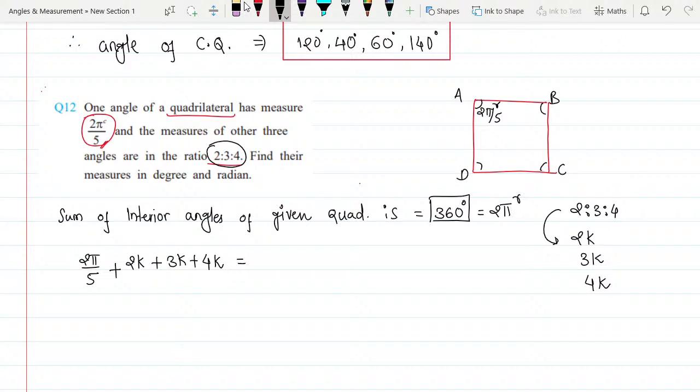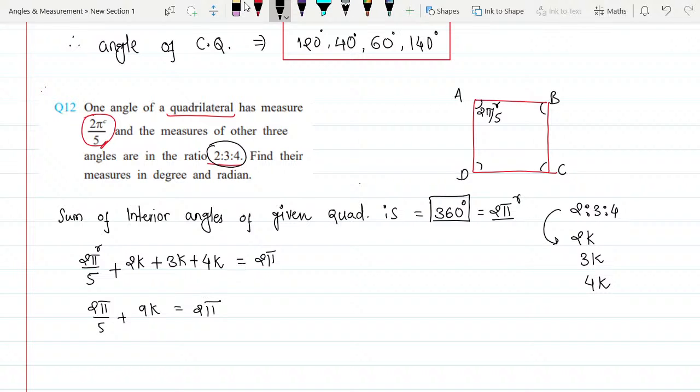Since all these angles are in radian, on the right hand side also we have to take radian, so it's 2 pi. From this, let's solve: 2 pi by 5 plus, 2 plus 3 is 5 plus 4 is 9, so this becomes 9k, equal to 2 pi.